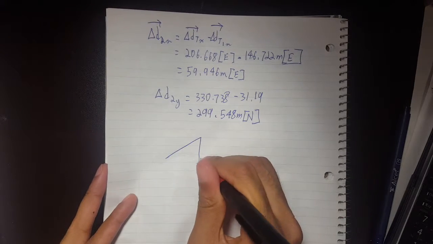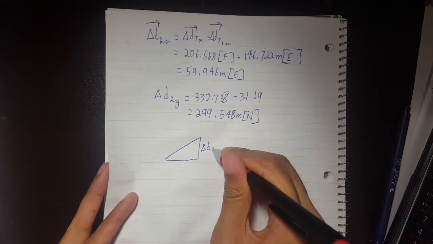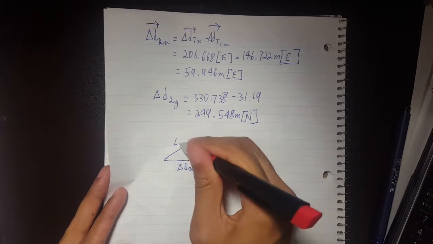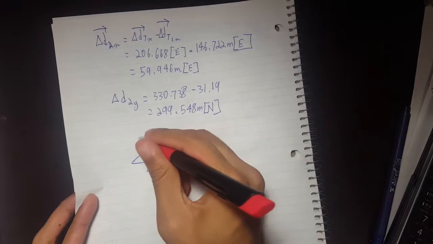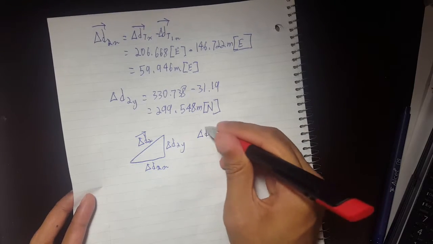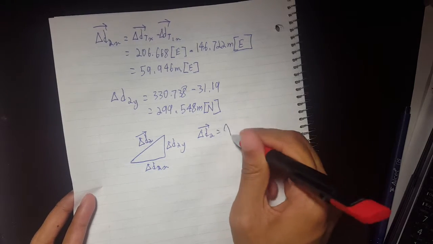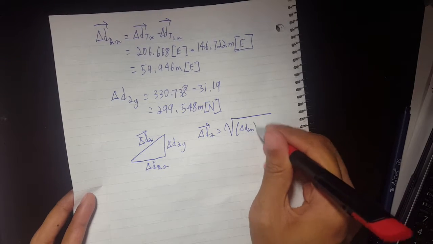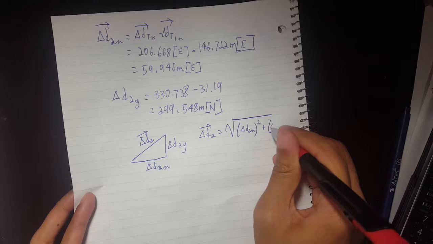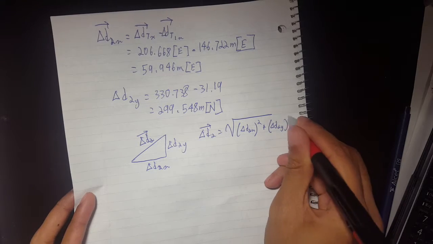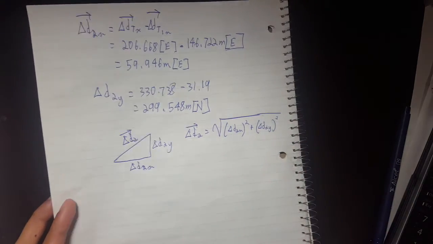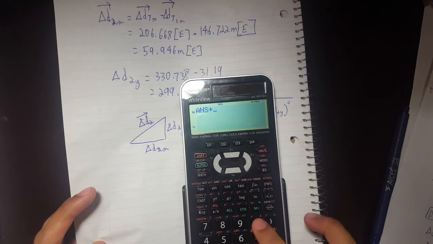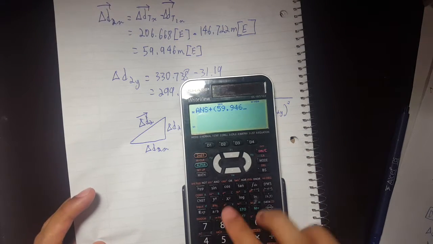So d2y, d2x. Now we can find the second displacement by using the Pythagorean theorem. Displacement 2y squared plus 59.946 squared.